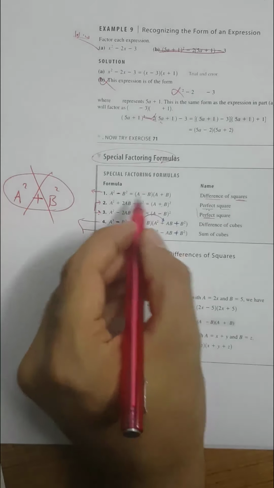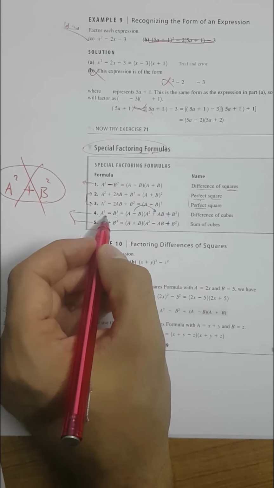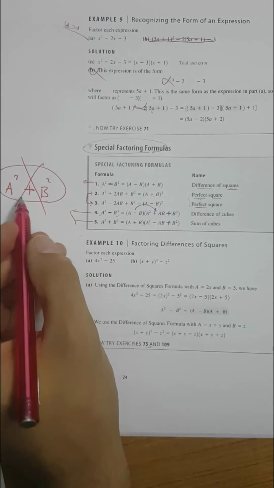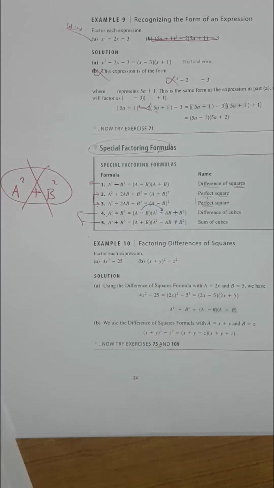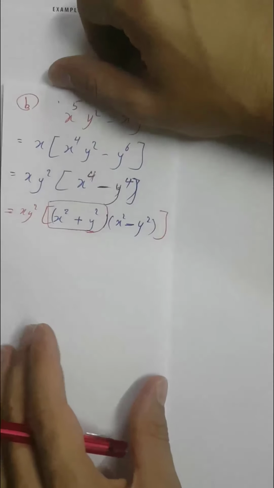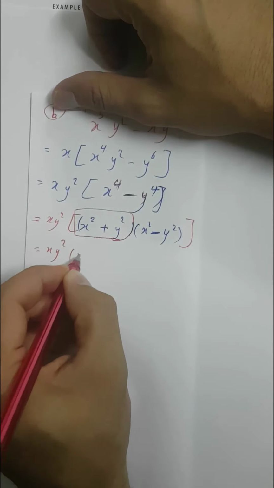Really, we can factor the difference between them. If I have cubes, we can use addition or subtraction, but with the sum of squares, we cannot factor. So that's why I say do not memorize. That's why we cannot deal with that one. We will just put it as we have.